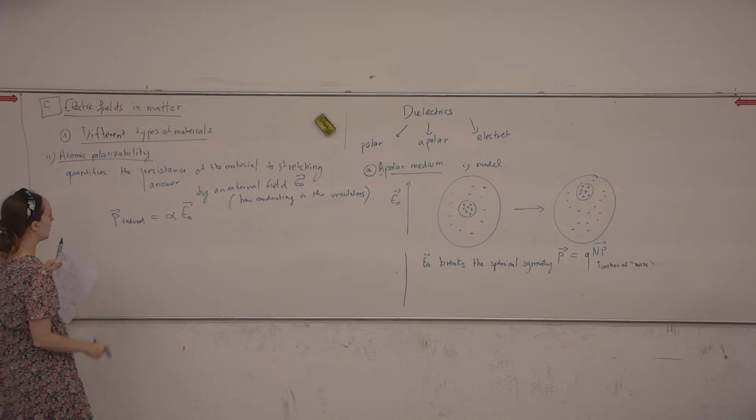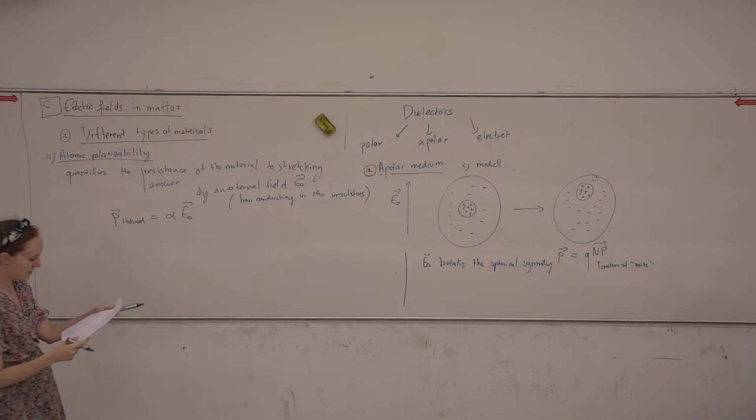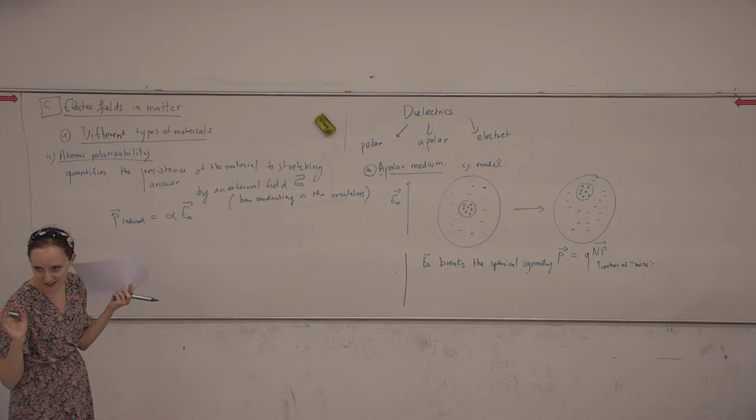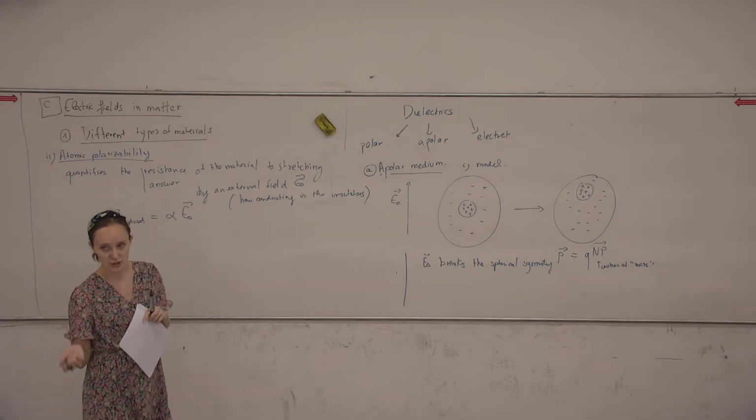And what does alpha depend on? You can guess. It depends on the structure of the atom, the size, the geometrical parameters, and also physical conditions like the temperature.